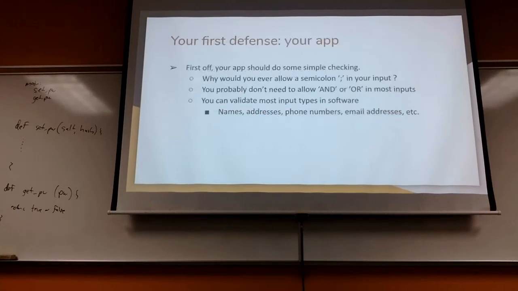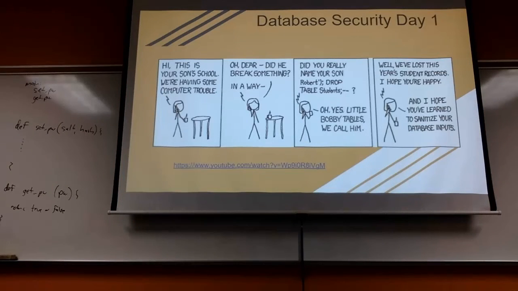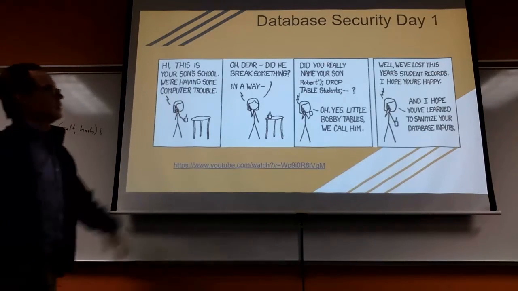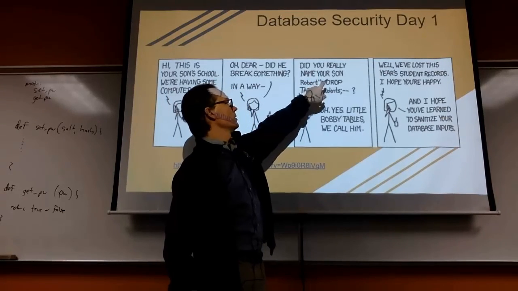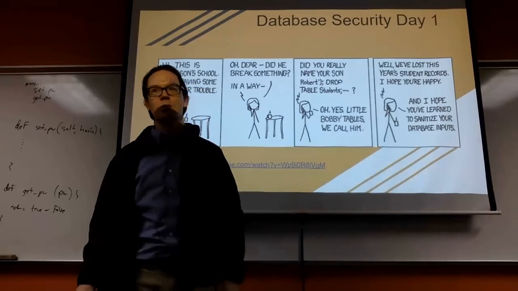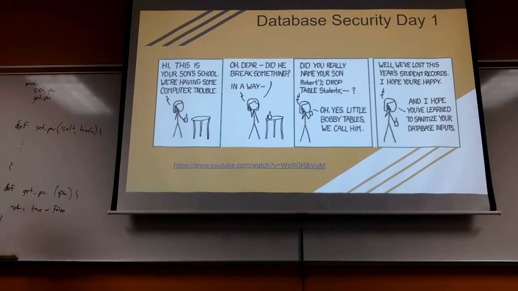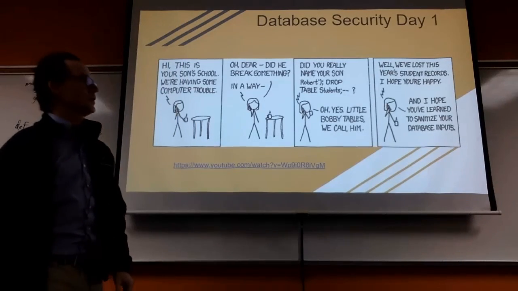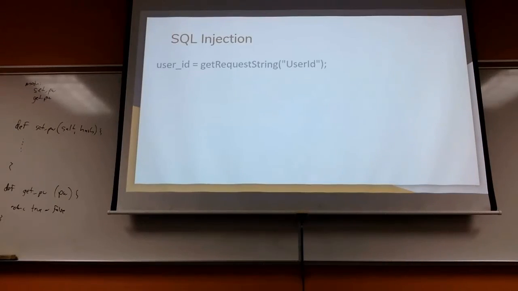Right? So that is the XKCD. I don't know if I put it here. Yeah, it is. That's the joke, right? Did you really name your son Robert, quotation mark, parentheses, semicolon, drop table students? It's like, I hope you're happy. Yes, and I hope you've learned to sanitize your database inputs, right? Because that's exactly what would happen.